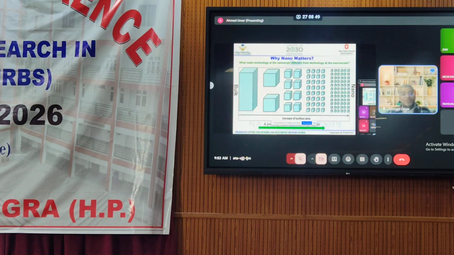So now we understand what nano is. Nano is just a dimension and nothing else, a measuring dimension. When we have any unit, we can just add nano to it. So why does nano matter?